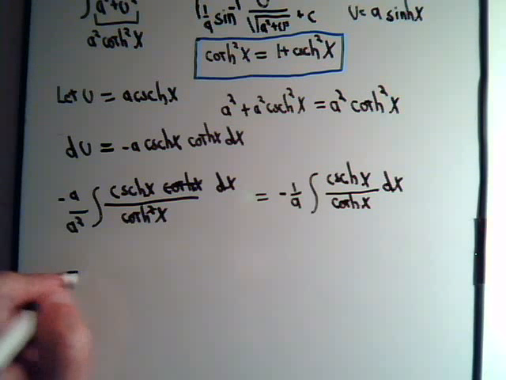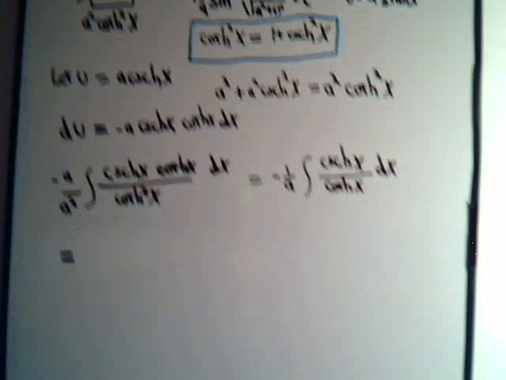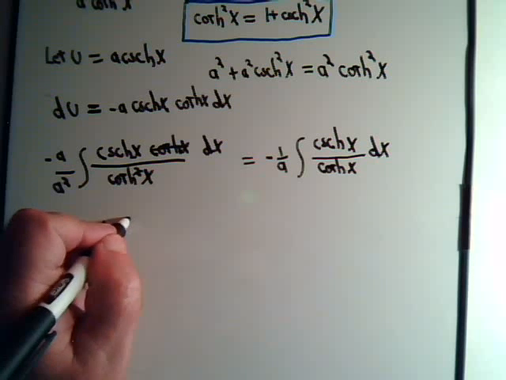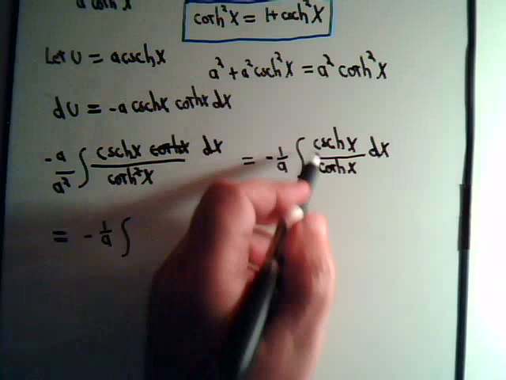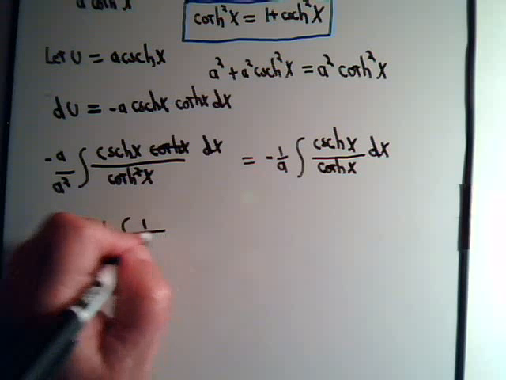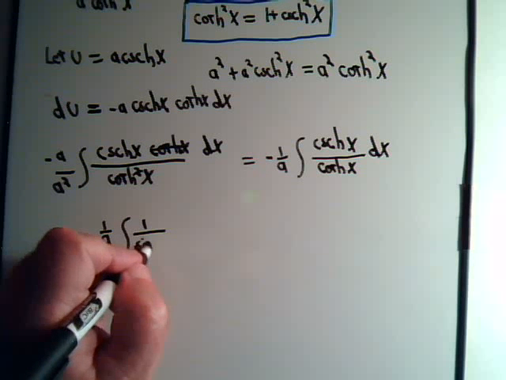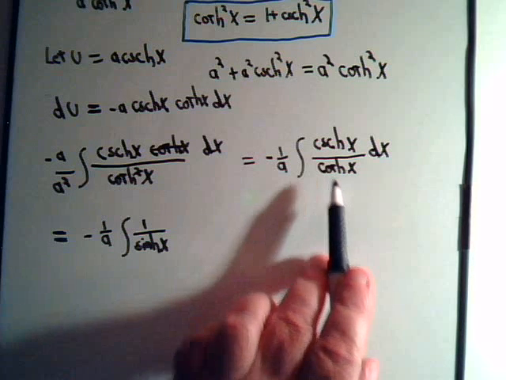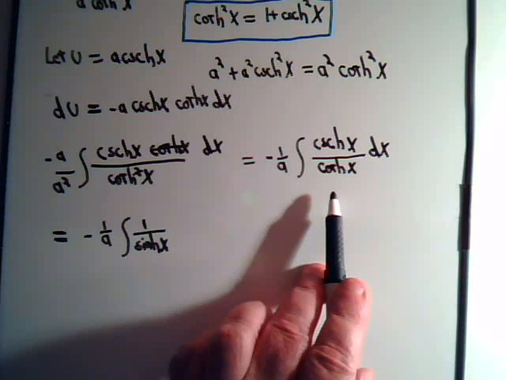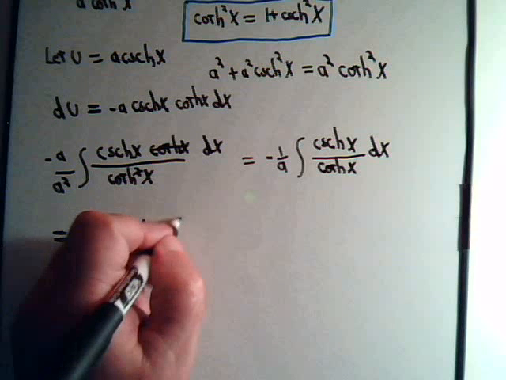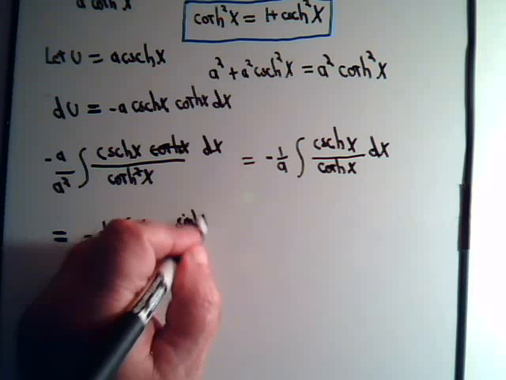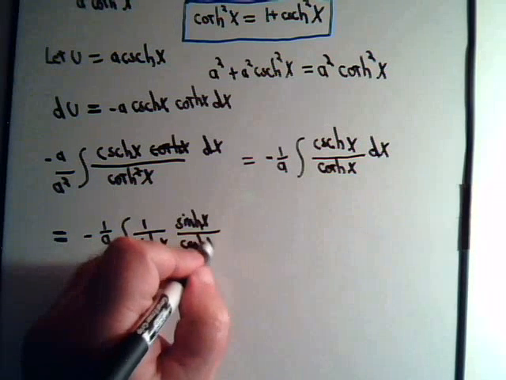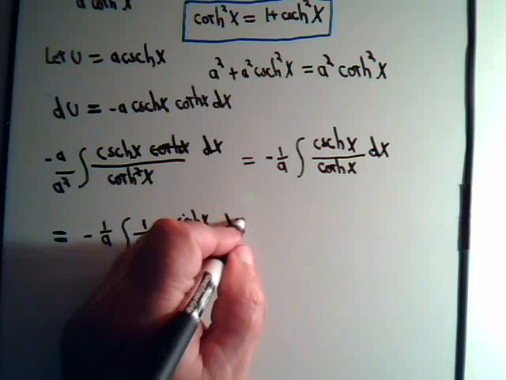This should equal minus 1 over a, the integral. This is 1 over the hyperbolic sine of x, and this is the hyperbolic cosine of x divided by the hyperbolic sine of x. And we're going to multiply by the reciprocal of that, dx.